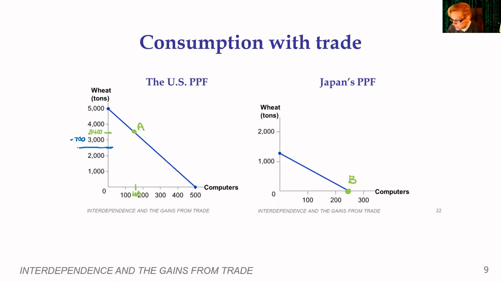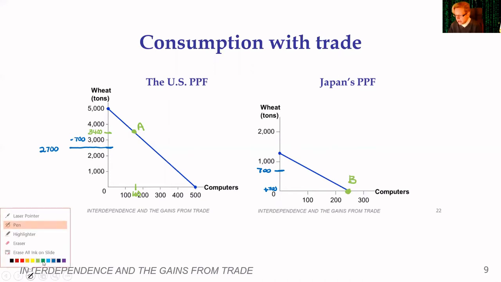And just to keep this graph clean, I'm going to say 2,700. Okay, so the US exports the wheat. How much wheat does Japan have currently? They don't have any. So we're going to add 700 to that. Maybe right about there-ish. 700. So that's what happened with wheat.